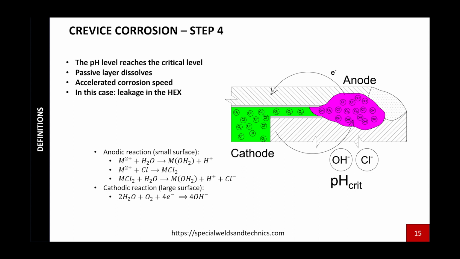This leakage can occur either at the welded joint, if the chemical composition of the welded joint undermatches the base material, or we have the corrosion damage first at the tube, because the tube is usually thinner than the throat thickness of the welded joint.